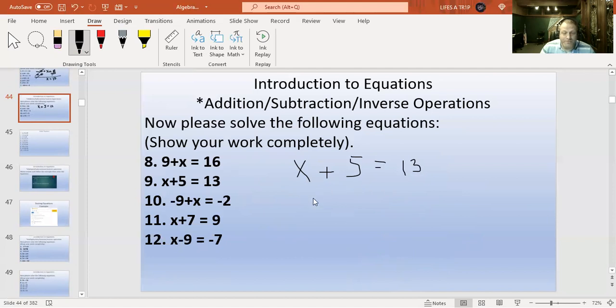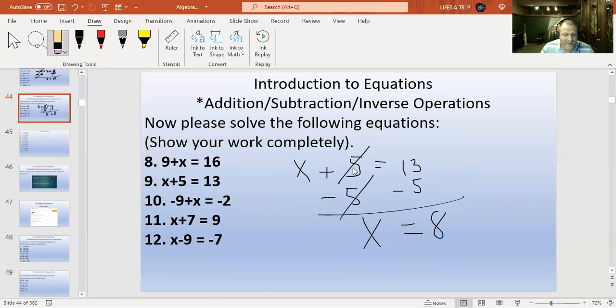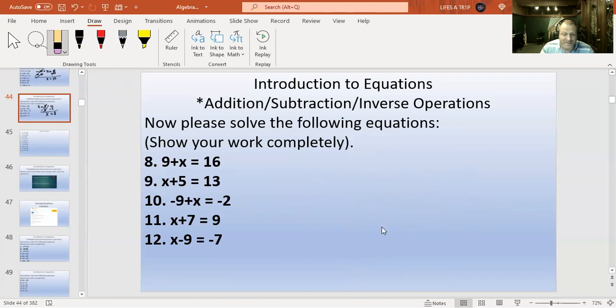All right, so X by itself, inverse operations, cancellation method. Cancel, cancel. What you do to one side, you do to the other side. X equals 8. And now we're going to go a little bit faster. Number 10. We should be getting used to this. If you're not, replay the video.